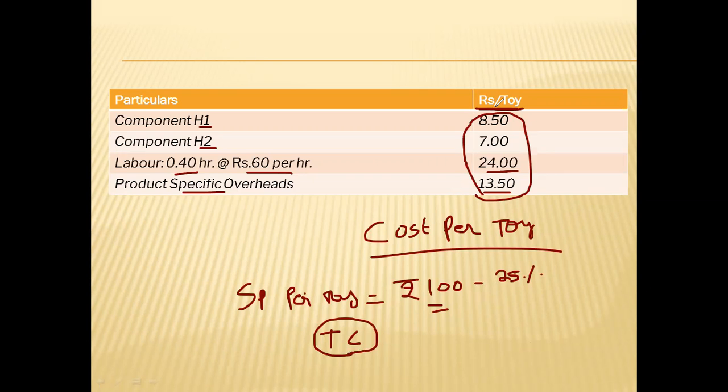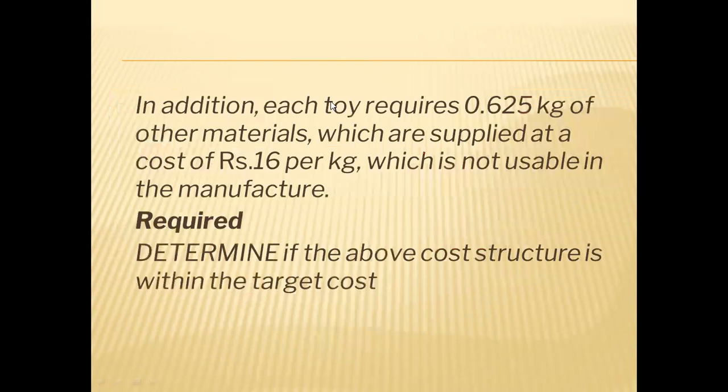Anybody calculate? 100 minus 25%. Yes, so that will be the target cost. Anybody calculating?